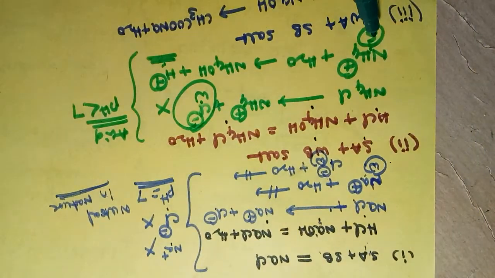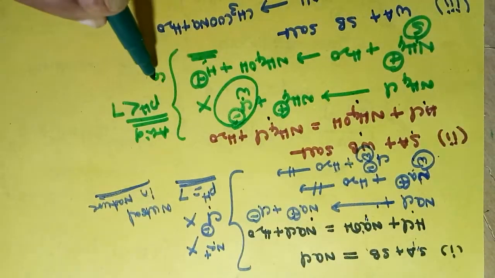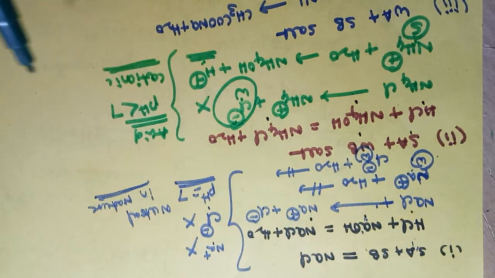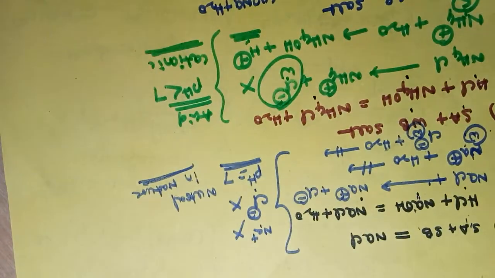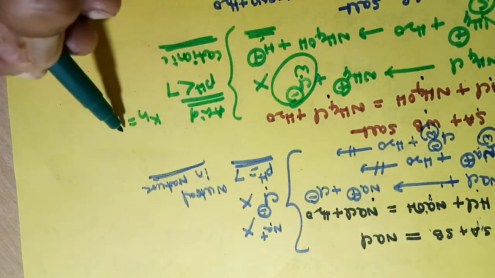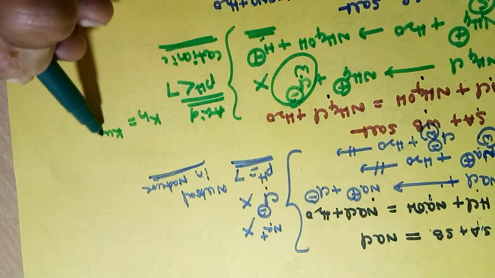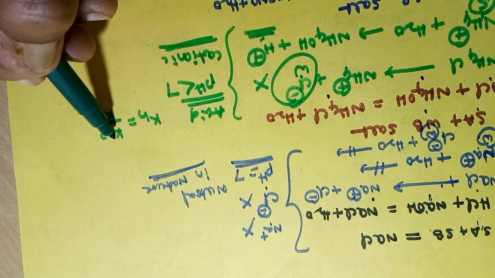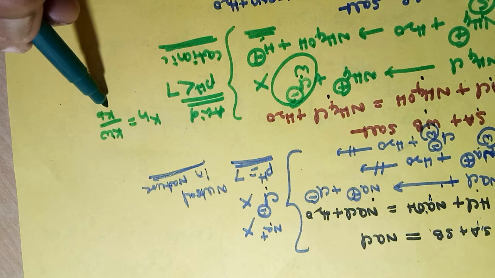Here the cation is involved in the hydrolysis, so this is called cationic hydrolysis. Whenever cationic hydrolysis takes place, we can calculate the hydrolysis constant Kh equals Kw by Kb, where Kw is the ionic product of water and Kb is the base dissociation constant.